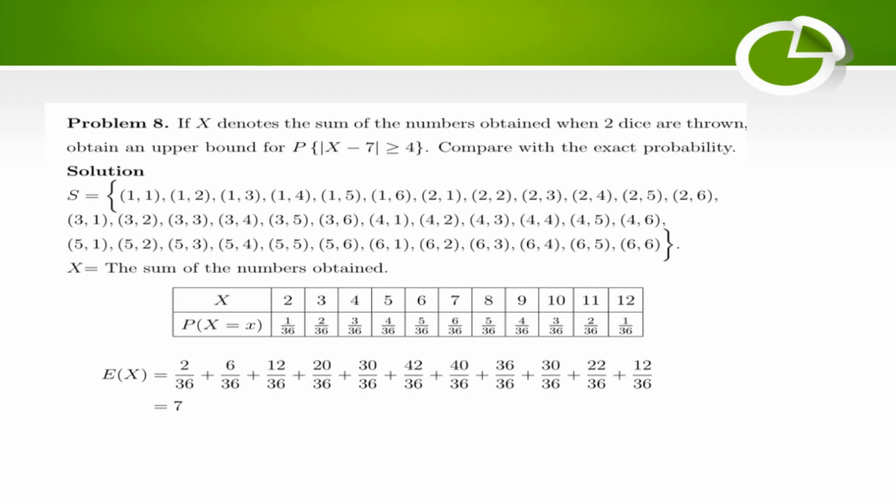P(X = x) takes values 1/36, 2/36, 3/36, 4/36, 5/36, 6/36, 5/36, 4/36, 3/36, 2/36, 1/36. E(X) equals 2/36 + 6/36 + 12/36 + 20/36 + 30/36 + 42/36 + 40/36 + 36/36 + 30/36 + 22/36 + 12/36, equals 7.